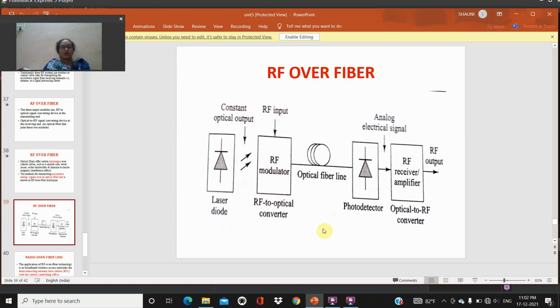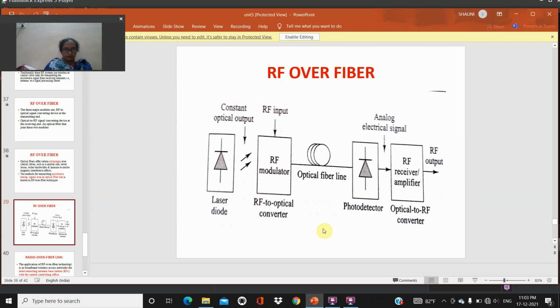Here is another block diagram that represents radio frequency signals over fiber. There is a constant optical output laser diode that is given to the RF modulator where the RF input is applied, and an RF to optical converter.